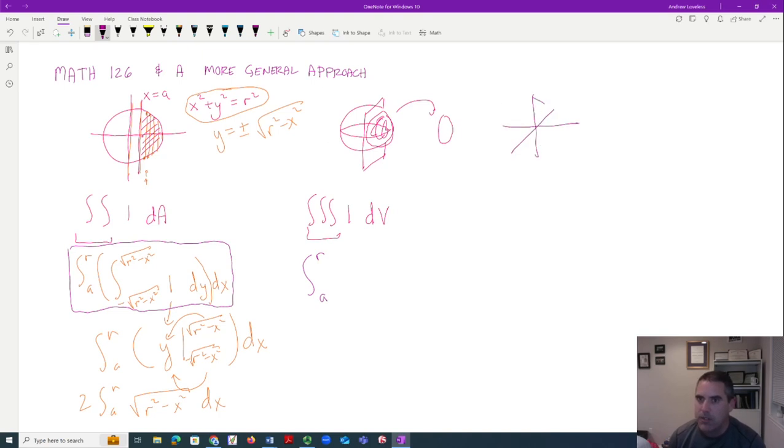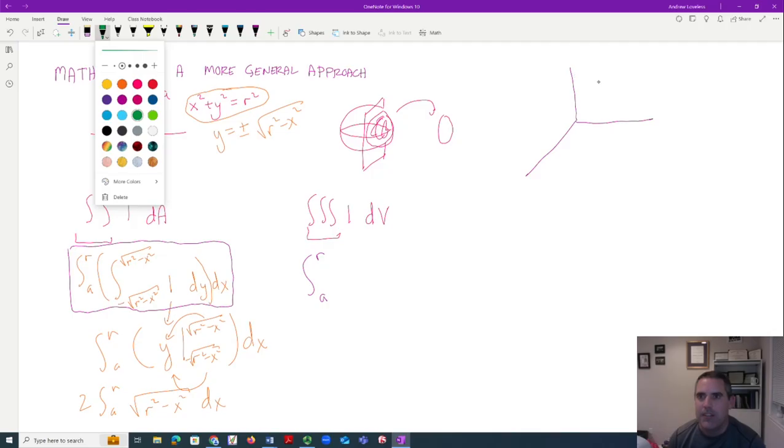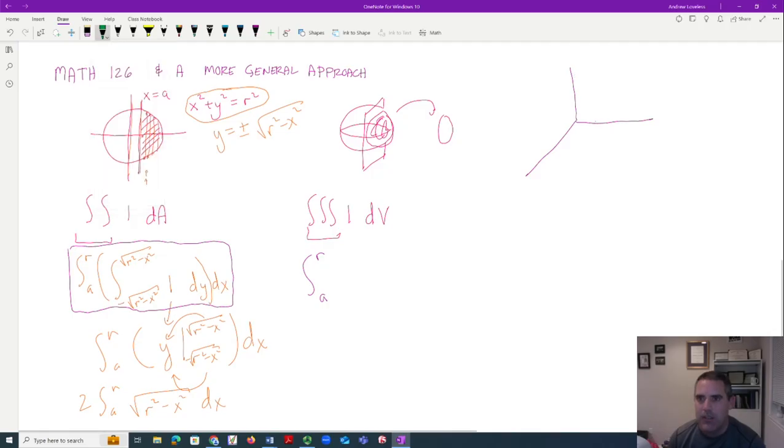So if you consider this solid that we're talking about, that's over here, and apologies, I know I'm not the best 3D drawer, but I have found not very many people are. So let's draw even bigger. So here are these axes. And here is x equals a, and here is x equals r.